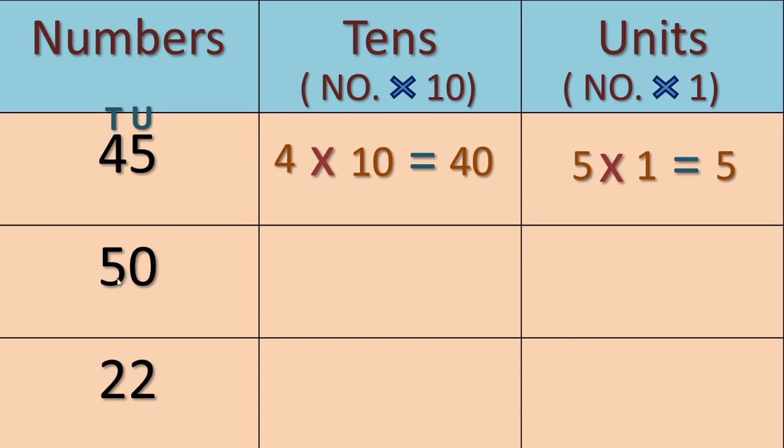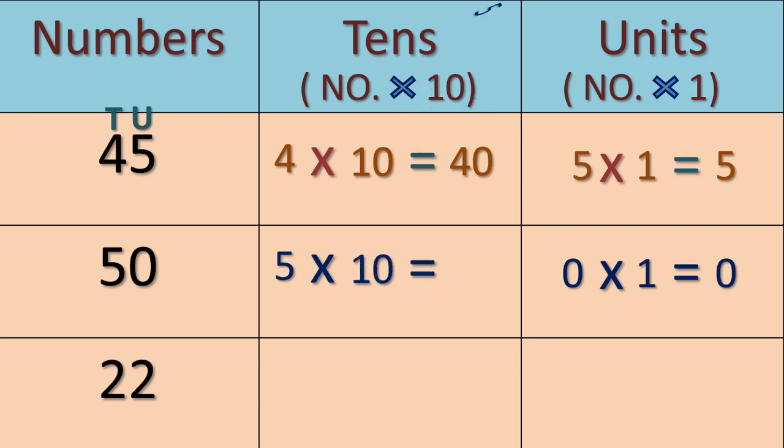Here 5 and 0, correct? 0 units. So what we will do here? 0 multiplied by 1, right? Then what is the answer? 0 ones are 0. Remember this, okay? And what about the tens place? 5 is there. So 5 tens are 50, isn't it? Right, 50.